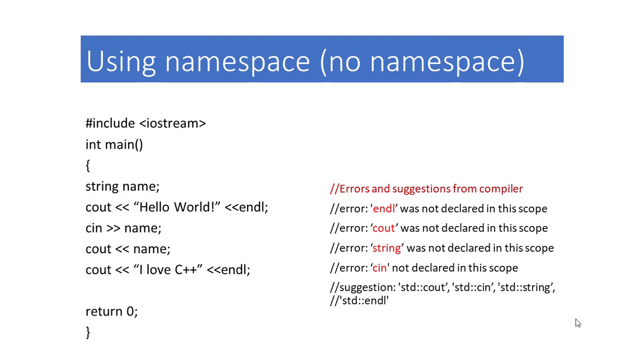Using namespace, no namespace. Here is a C++ application. In this application, we are not using any namespace. So if we run it, we will have many errors and suggestions from the compiler. Some of the errors we will get will be endl was not declared in this scope, cout was not declared in this scope, string was not declared in this scope, cin not declared in this scope.